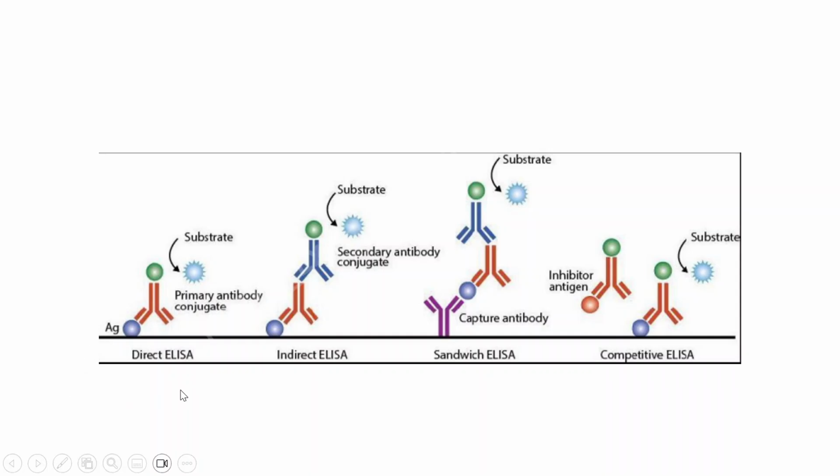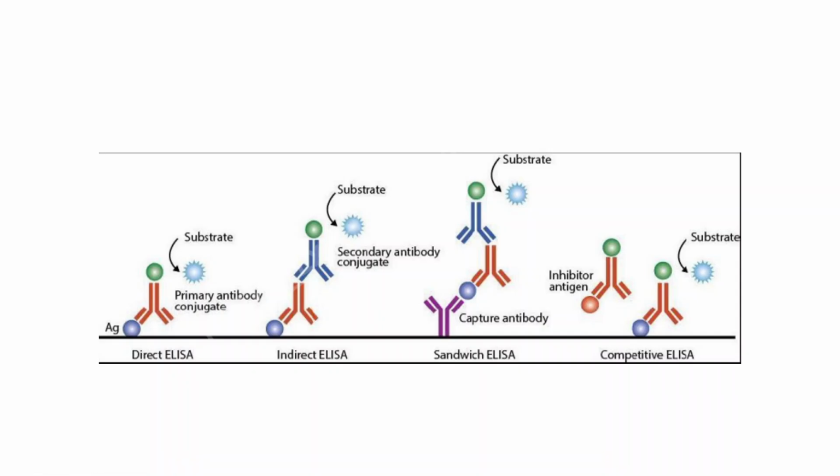In indirect ELISA, we have the antigen coated plate. We have the primary antibody, and that primary antibody has some specificity to a secondary antibody. So for this secondary antibody, this primary antibody is the antigen. Okay, think like that.